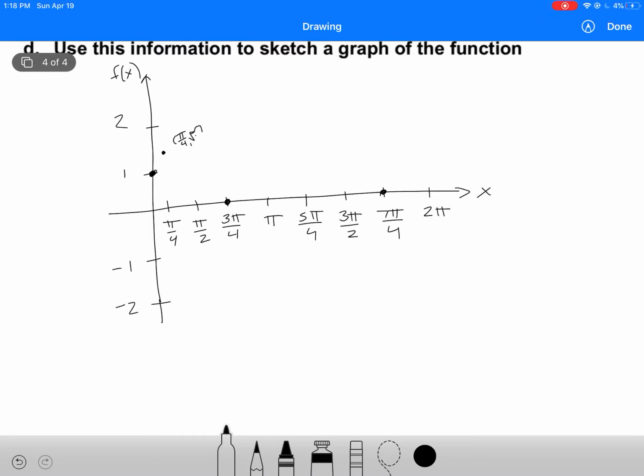And then I'm going to put on my relative min at 5 pi over 4 and minus root 2. Then I can connect my dots. So I've got up, down, up. And then here my endpoint, I would have f at 2 pi equals 1.